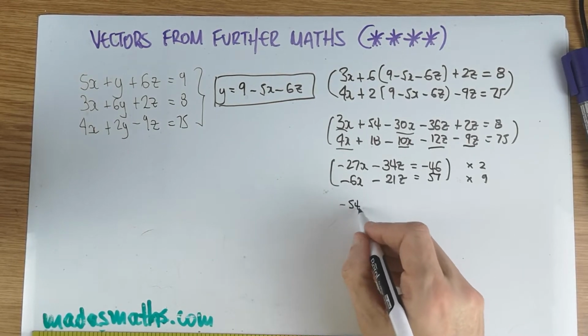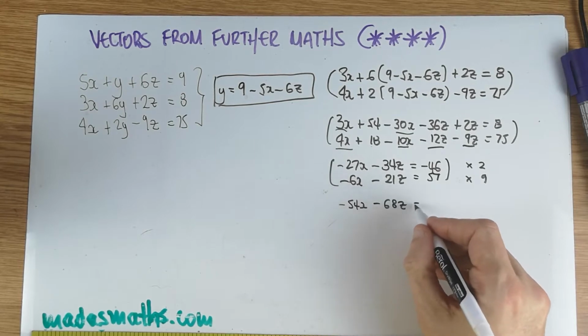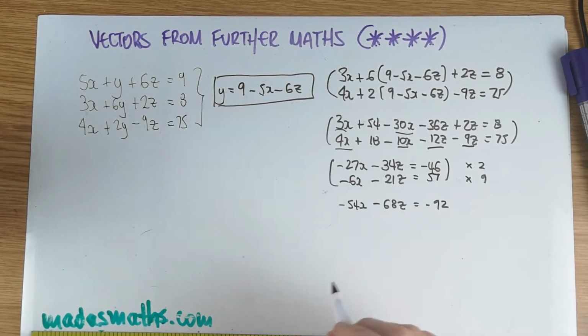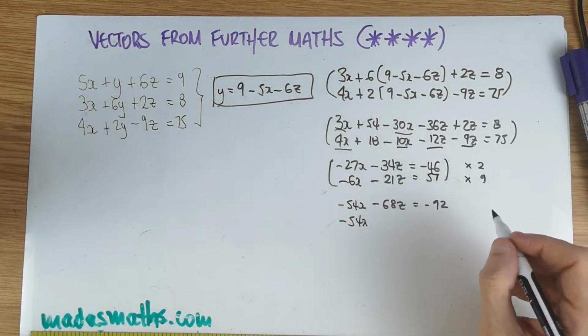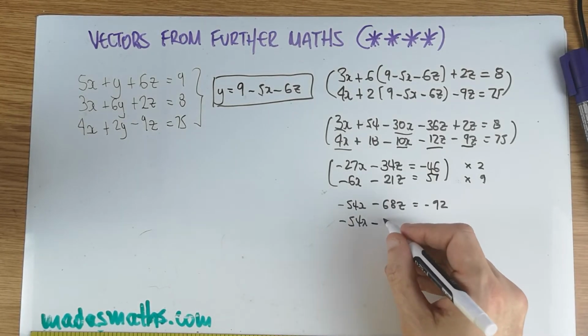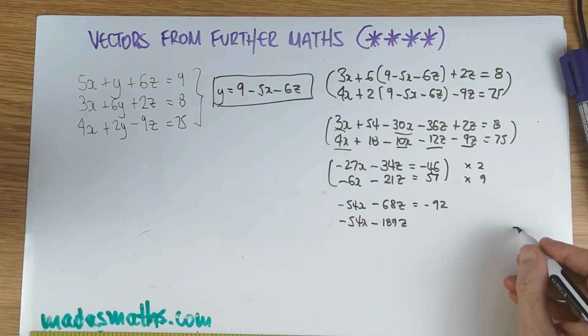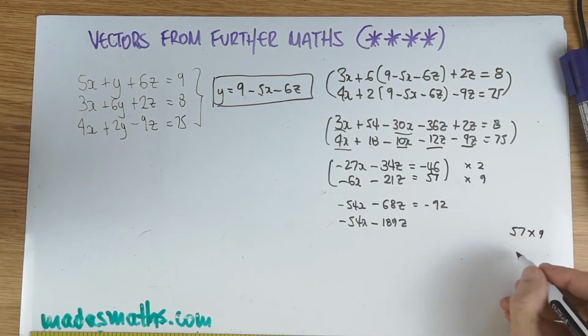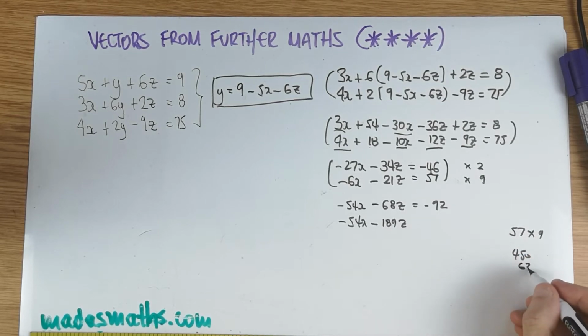Minus 54x minus 68z is equal to minus 92, and times 9, minus 54x, 189z, and 57 times 9. 9 times 50 is 450, 7 times 9 is 63.